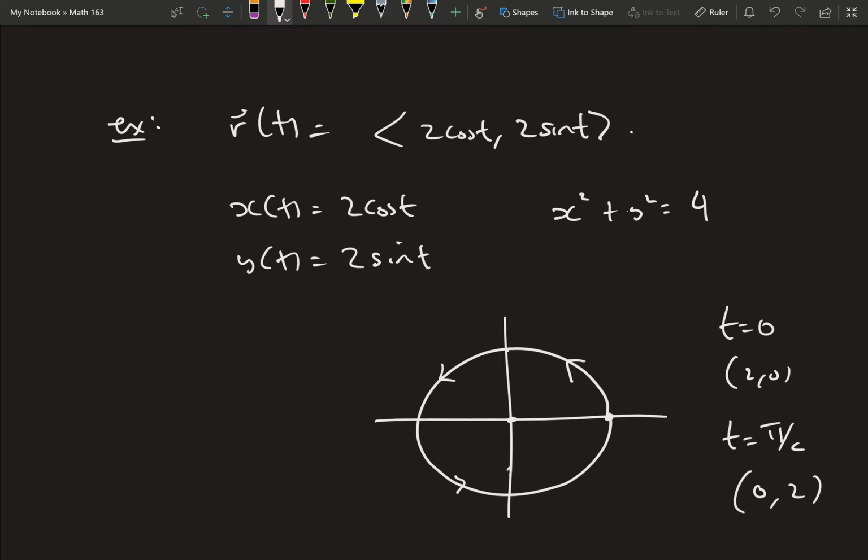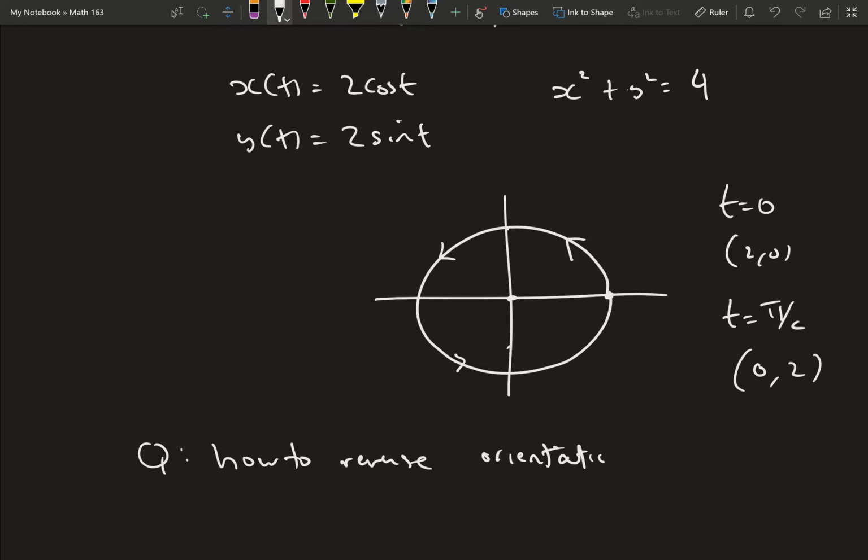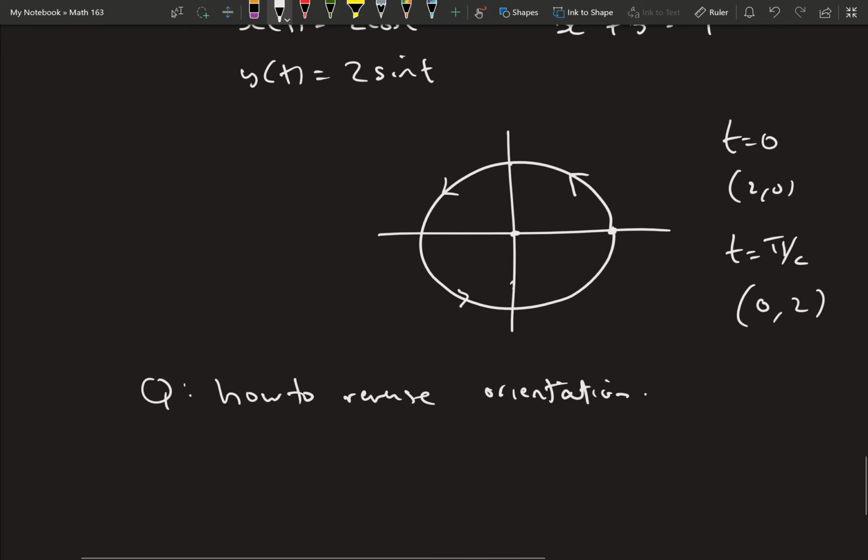How would you reverse the orientation? There are times where you want to do that, and sometimes it ends up being important. If you do vector calculus, you'll probably see some examples of that.